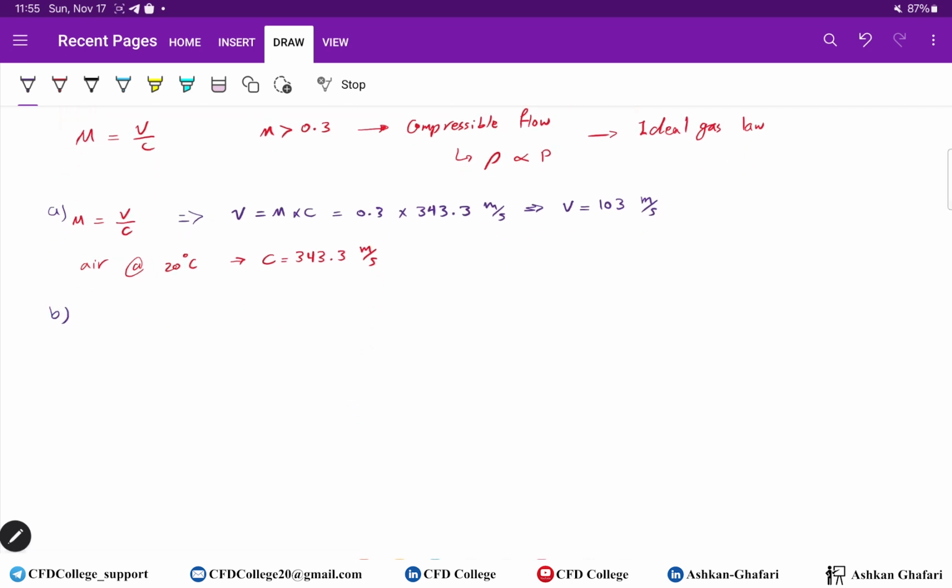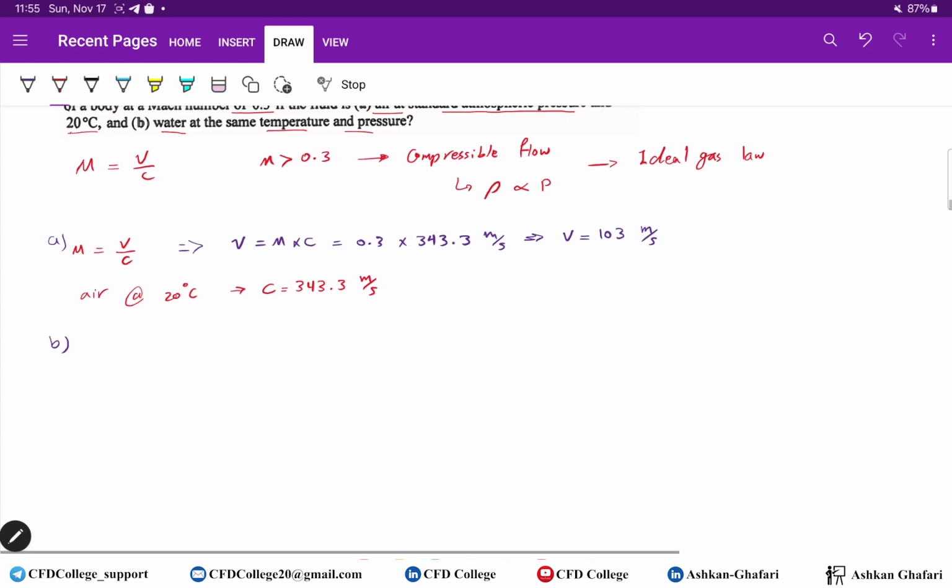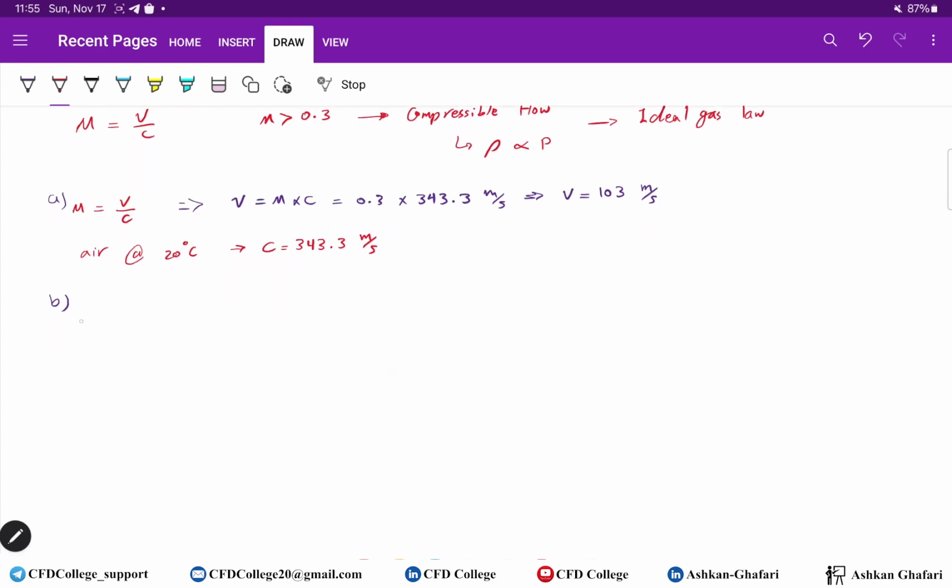For part B, we have water at the same temperature and pressure. For water at 20 degrees centigrade, the speed of sound is 1481, near 1500.